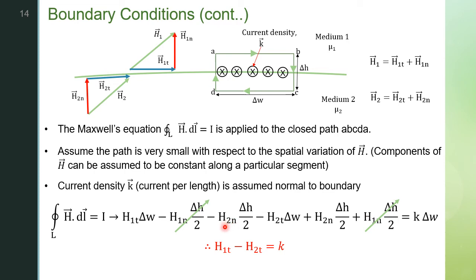This H2n and delta H by 2 and this H2n and delta H by 2 will get cancelled. Now the remaining terms are H1t minus H2t is equal to K. So we observe that if there is a current at the boundary, then the tangential component of H is given by H1t minus H2t equal to K.